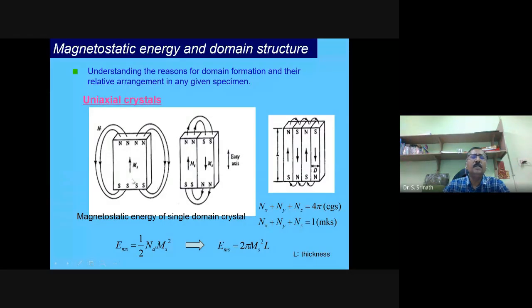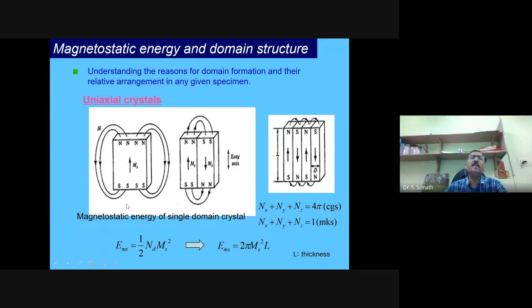So you see, inside, the magnetization is pointing parallel to this arrow, whereas the so-called fringe field, or the residual field, which is emanating out from the surface spins, surface poles, is pointing in a direction opposite to the internal magnetization.